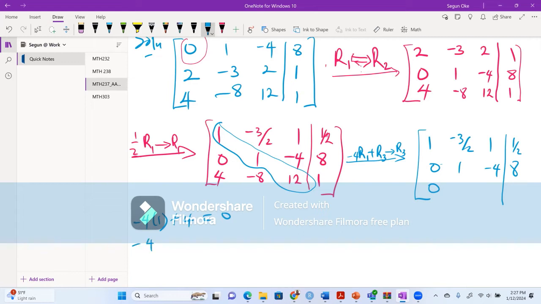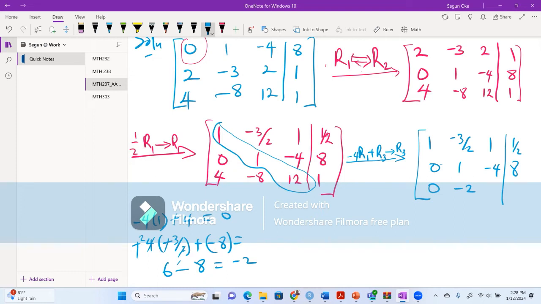Then -4 times -3 over 2 plus R3's -8: what do we have for that? Anybody? Minus cancels minus: 2 times 3 is 6, minus 8 equals -2, so this turns to -2.